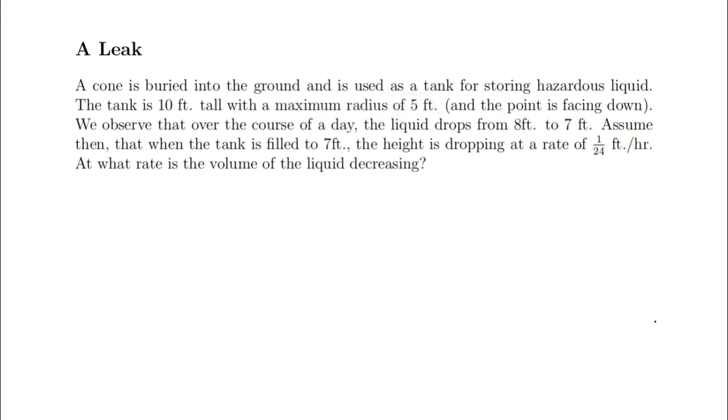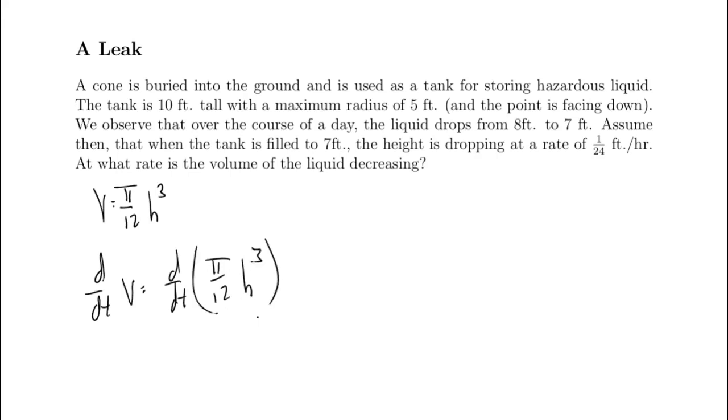Let's do it. All right, so V was, I already forgot it. It was pi over 12, h cubed, right? There was an h squared from the radius, and now we've got an h cubed here. Let's go ahead and differentiate this with regard to time. This left side is just going to be dV over dt, which we want to know, right? That's the thing we're interested in.